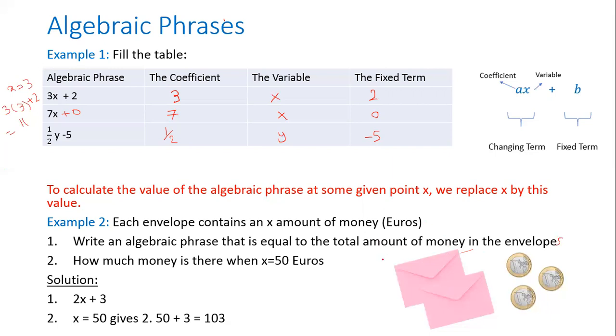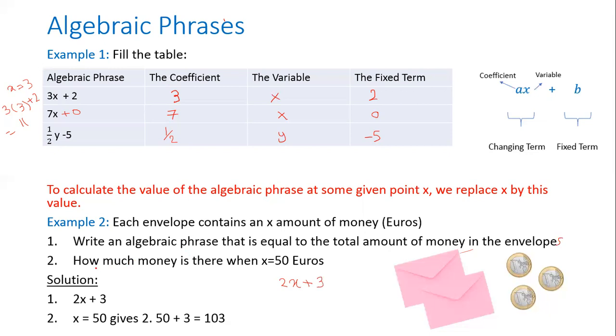If the first one has x and the second one has x, then in the two envelopes we have 2 multiplied by x. We don't forget the 3 euros, the coins we have here. So the total amount of money that we have then is 2x plus 3. This is the algebraic phrase that we are seeking.